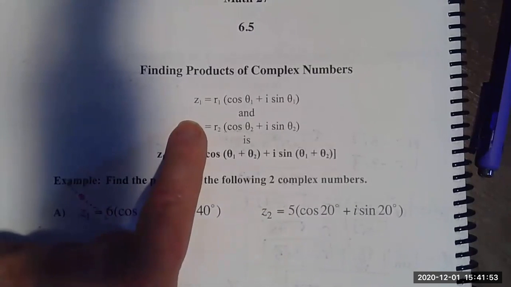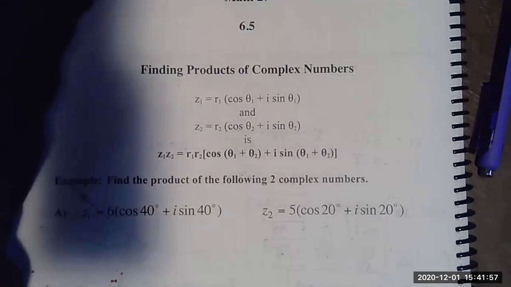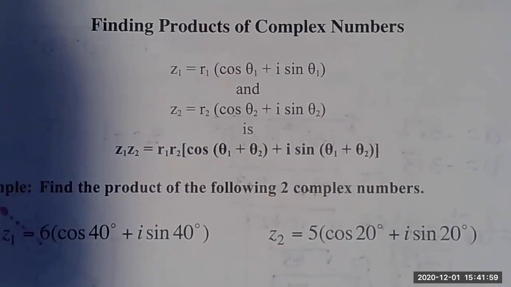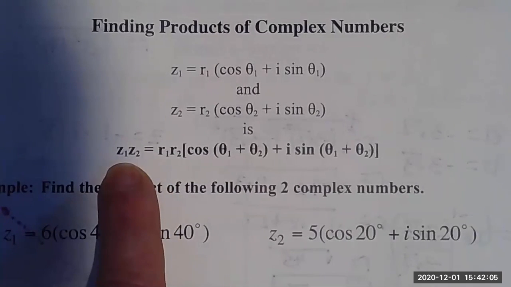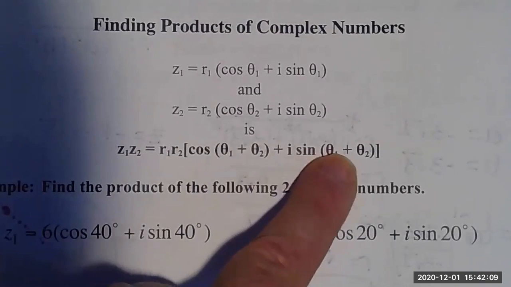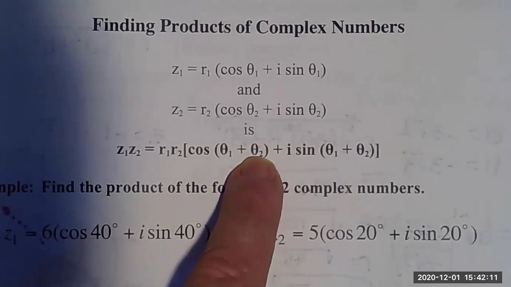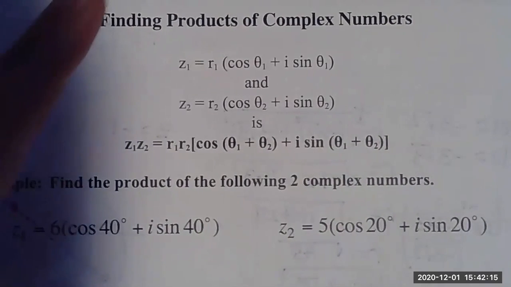All you do is follow the bouncing ball. I put it in bold to help you identify it. Take 2 complex numbers, multiply the r's together, and then do this thing. And then you'll have it. See if I can check that with you in a moment.